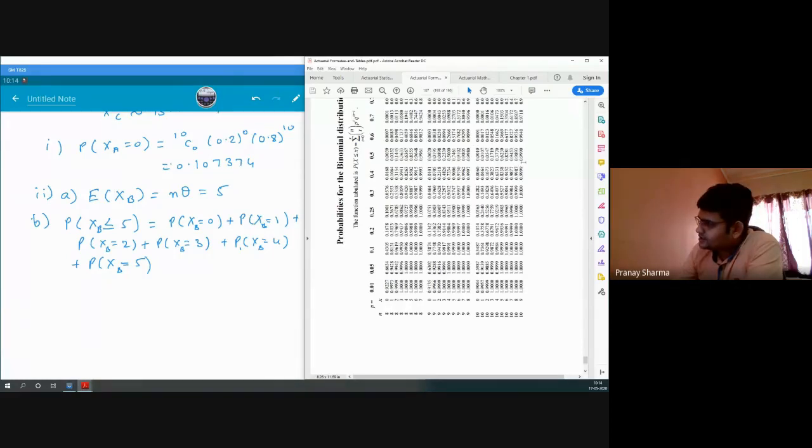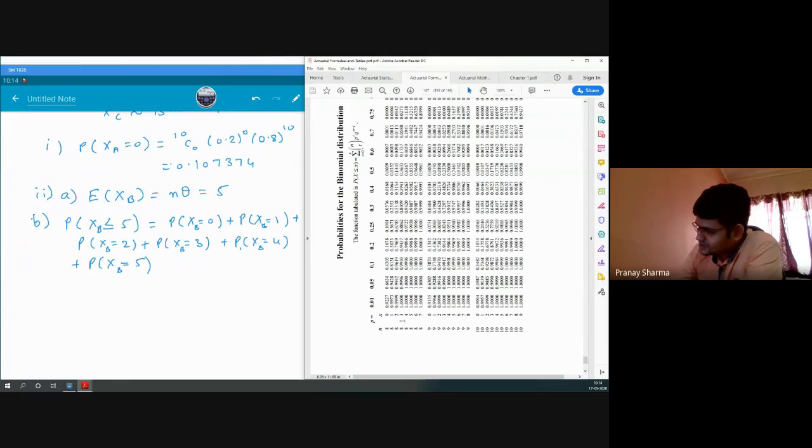In this part, how do we find our probabilities? First of all, look at this particular formula. It is given as probability X less than or equal to x. So they have given us less than or equal to probabilities here. They have not given us single values. But we do need to find probability X less than or equal to 5.